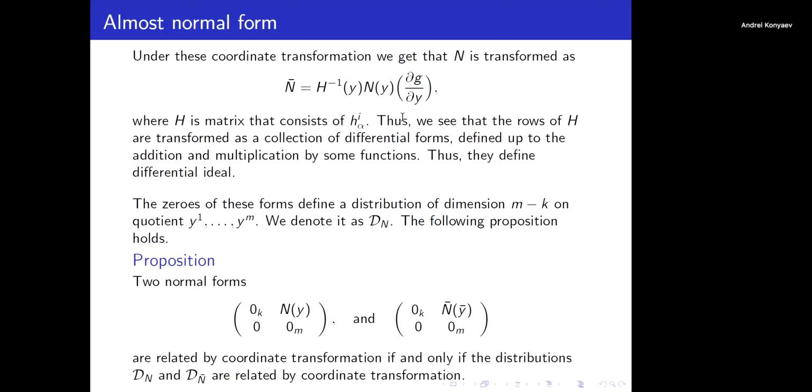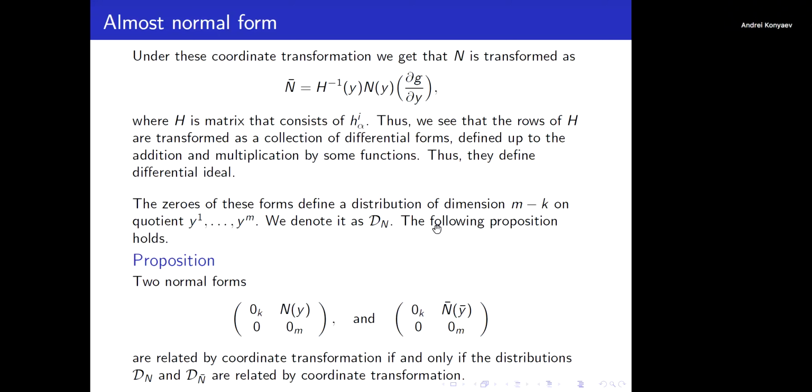So basically, we deal with some sort of ideal of differential forms. The zeros of these forms, right? If you have a collection of forms, for each you have a distribution, its zero set.